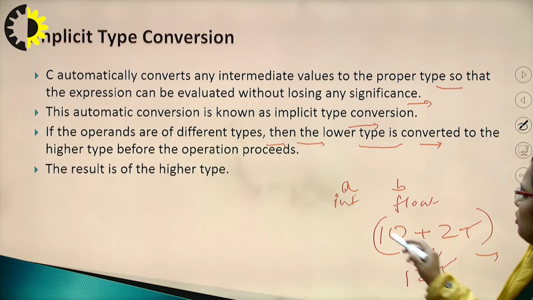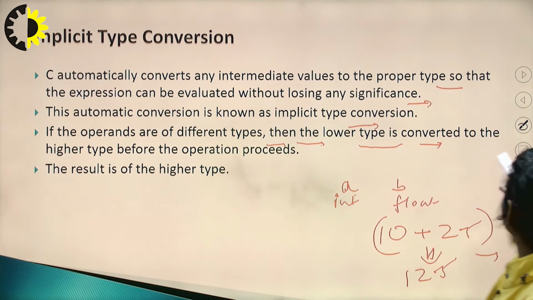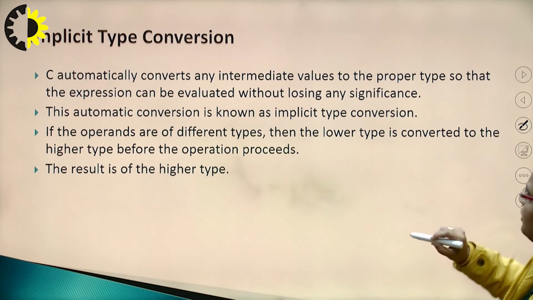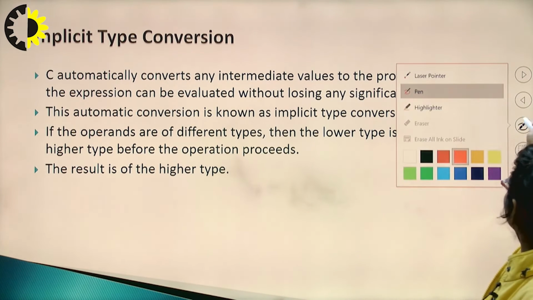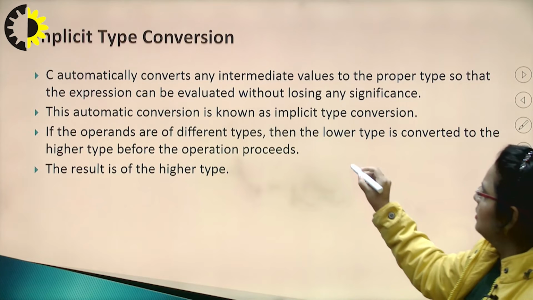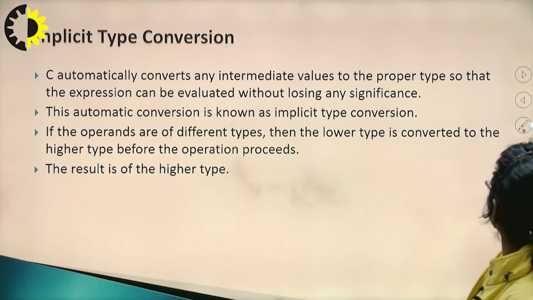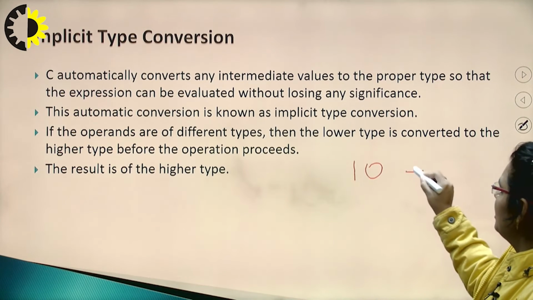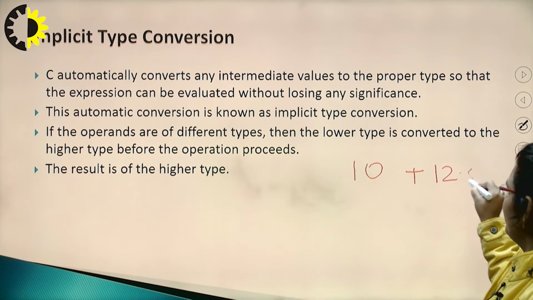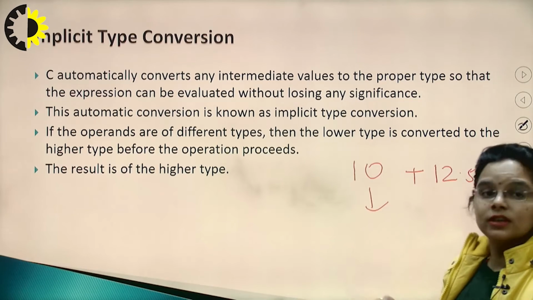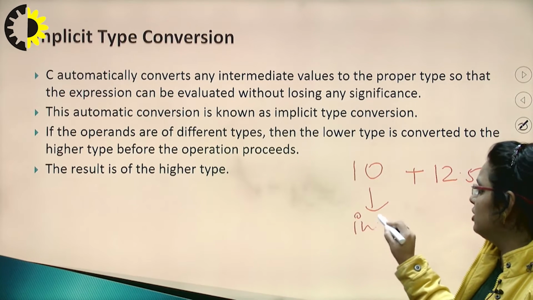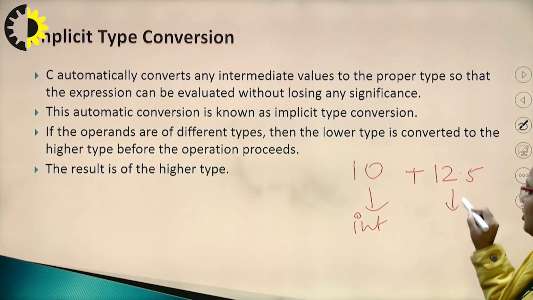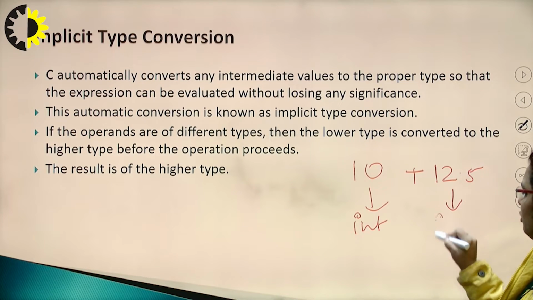Now we have one number 10 and another number 12.5. This 10 is of integer type, and this 12.5 is of double or float type.